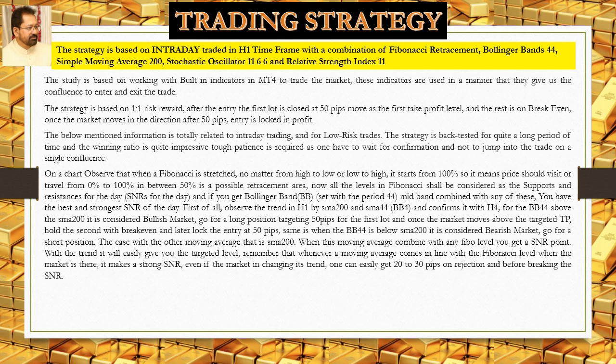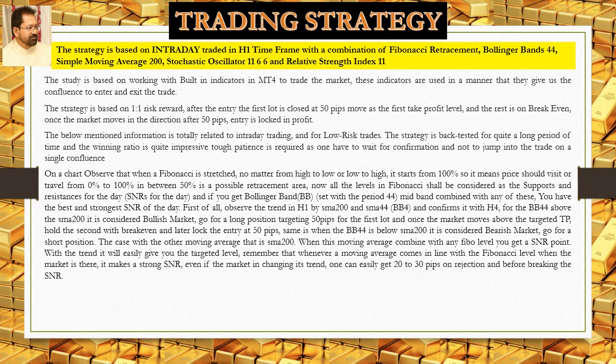Now all the levels in Fibonacci shall be considered as the supports and resistances, SNRs, for the day. And if you get the Bollinger Bands BB set with the period of 44, mid-band, combined with any of these, you have the best and strongest SNR of the day.